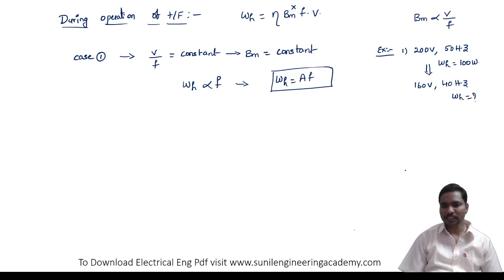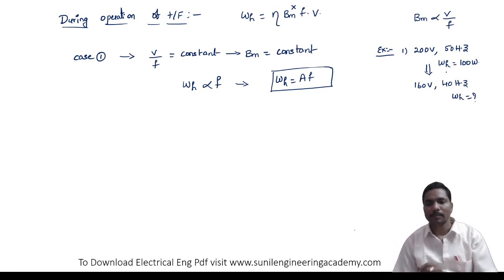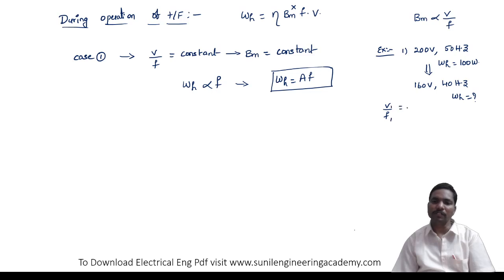Whenever they give a question like this, by changing the voltage and frequencies, the first step is to check whether V by F is constant or not, that is, whether V1 by F1 is equal to V2 by F2. Let us take V1 by F1, 200 by 50.